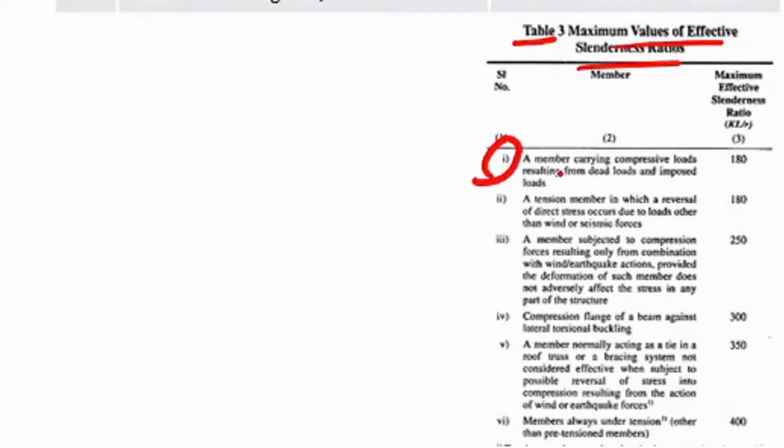First, if the compression member is subjected to dead load and imposed load, imposed load is nothing but live load, then the slenderness ratio should not be more than 180. And the same compression member subjected to earthquake and wind load, lateral load, then the slenderness ratio should not exceed 250.